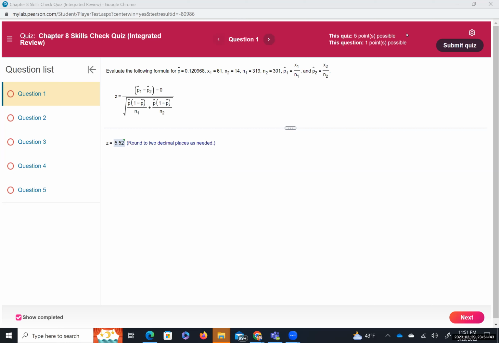This formula is actually the formula to find the z critical values, z values for the case that we are comparing two proportions between two samples.